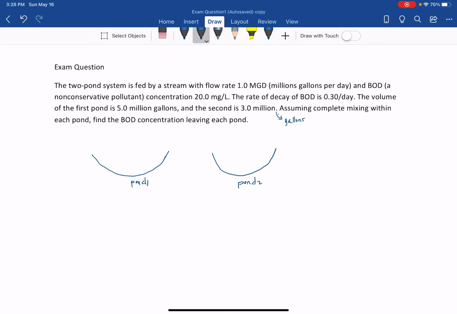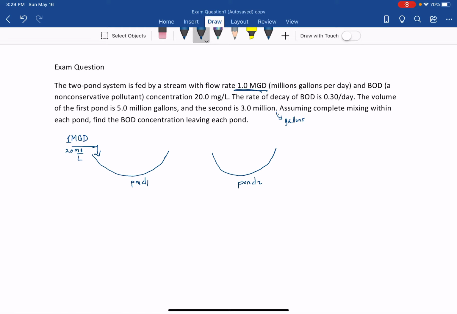The flow rate entering pond number 1 is 1 million gallons per day, and the BOD, a non-conservative pollutant, has a concentration of 20 milligrams per liter. This is C in, entering the first pond.